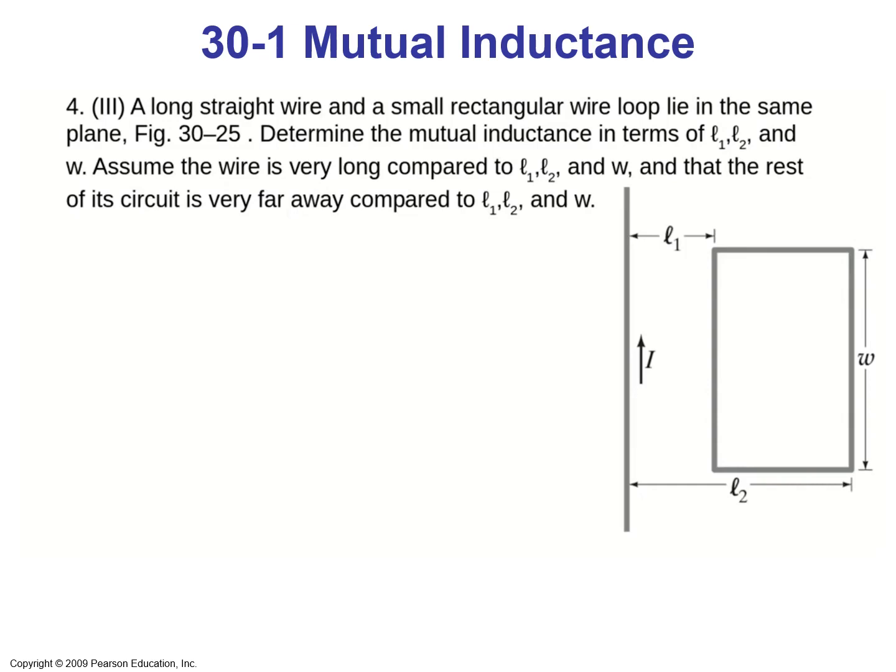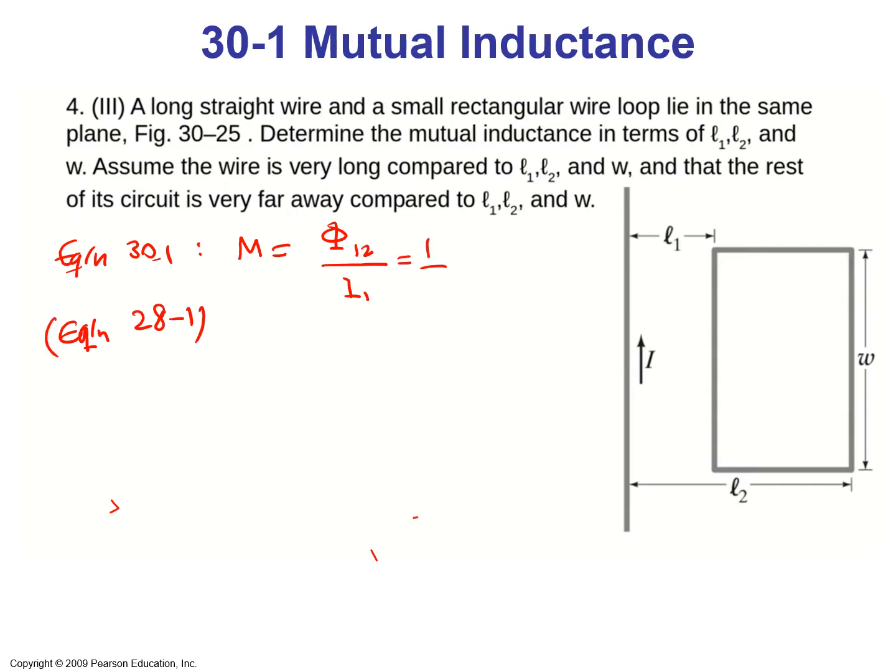So to solve this problem, we have to use equation 30-1 for the mutual inductance, and we have mutual inductance equals flux over current. For the magnetic flux, we have to use equation 28-1.